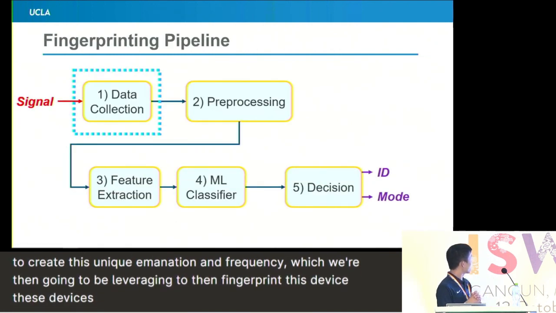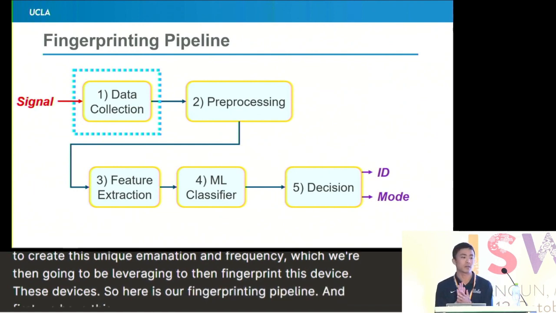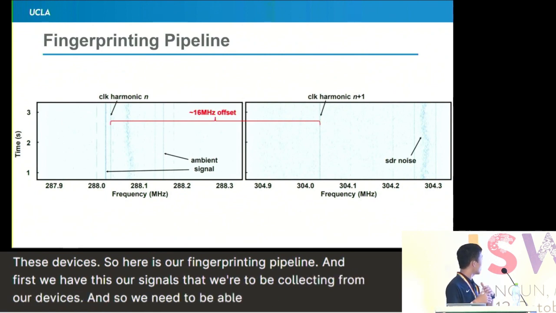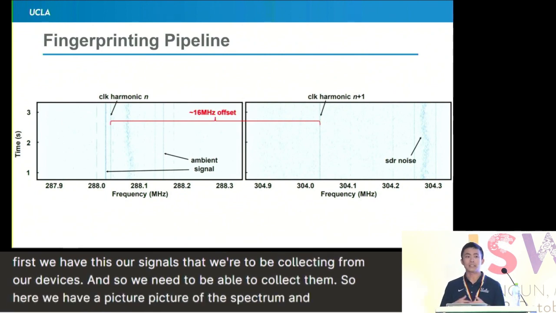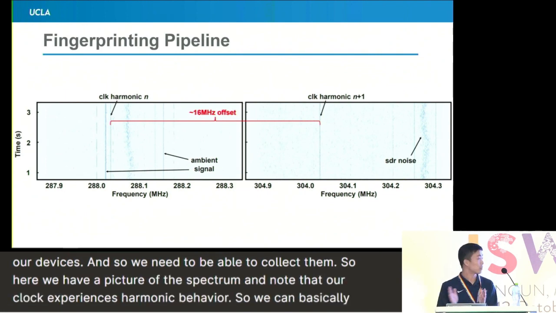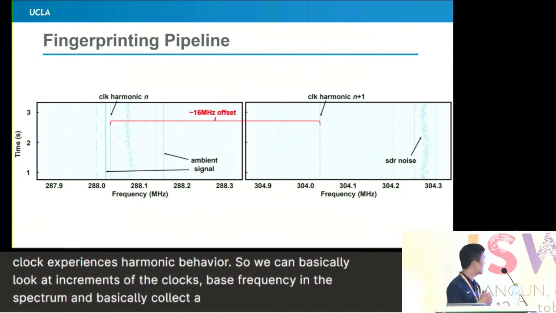Here's our fingerprinting pipeline. First we have our signals that we're going to be collecting from our devices, and so we need to be able to collect them. Here we have a picture of the spectrum, and note that our clock experiences harmonic behavior, so we can look at increments of the clock's base frequency in the spectrum and collect a broader view of our signal in order to fingerprint our device.